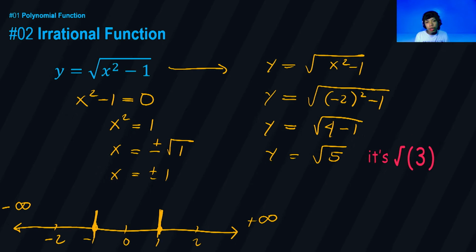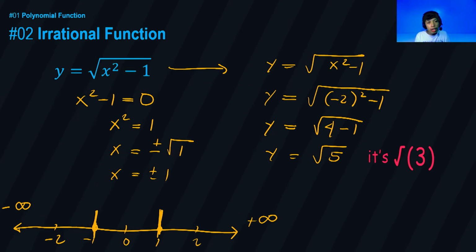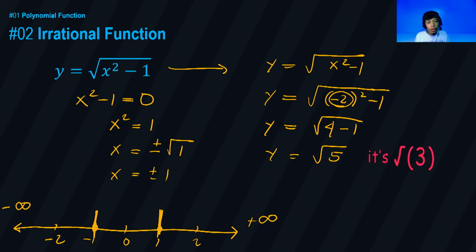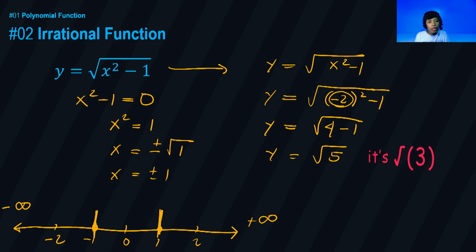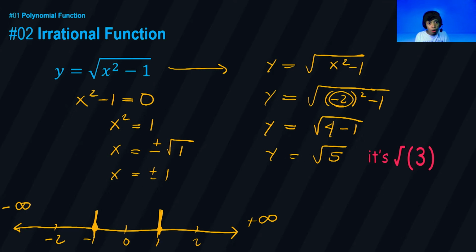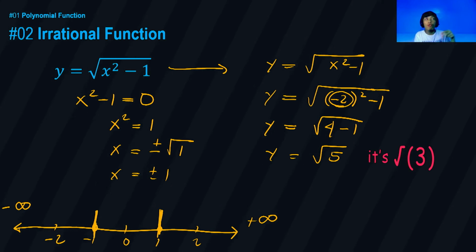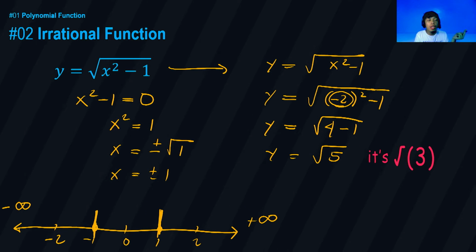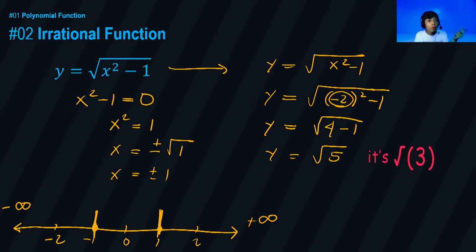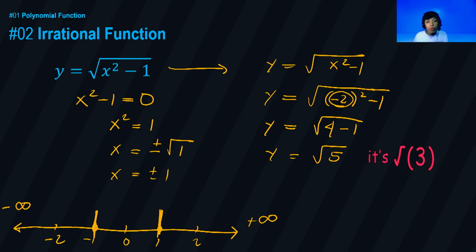Take note, we pick negative 2. Negative 2 is a real number and it produced a real number value for y, that is square root of 5. There are two criteria for you to identify if a number is a permissible value for x. So negative 2 is a permissible value.